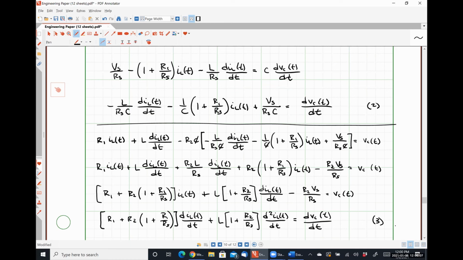All right. Now, what's interesting is that equation 2 and equation 3 are big chains of things expressed in terms of IL that equal this derivative of the voltage with respect to time. So I can set these two guys equal to each other, and I will have a really ugly equation that has no capacitor voltage anywhere in it, right?